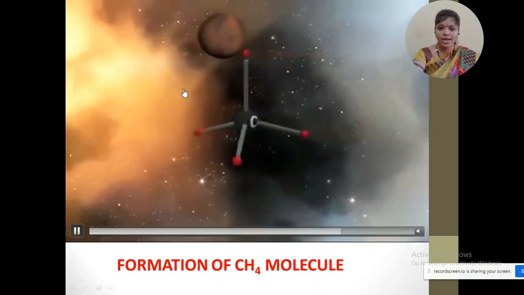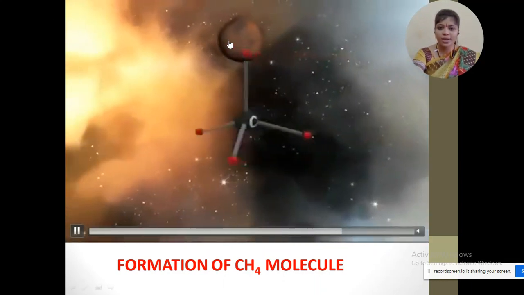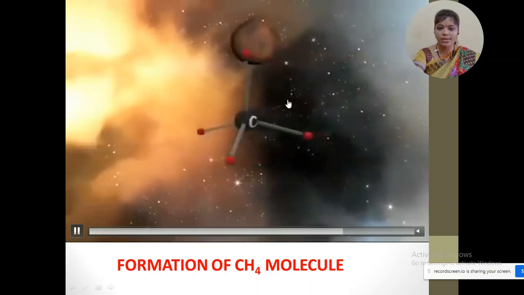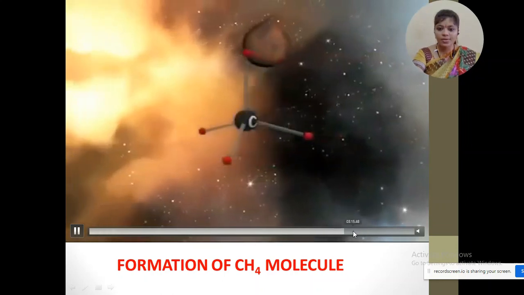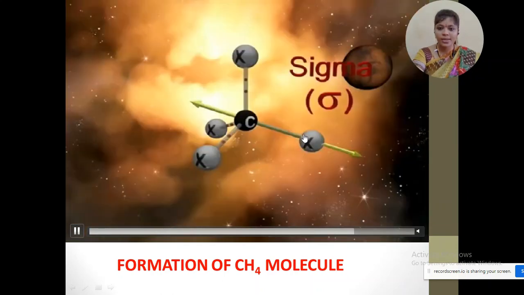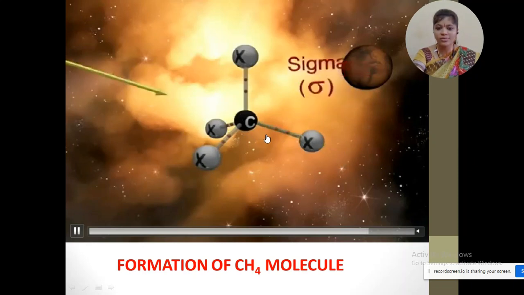Four different s orbitals of hydrogen overlap with the carbon sp3 orbitals to form sigma bonds along the internuclear axis. So four sigma bonds are present.